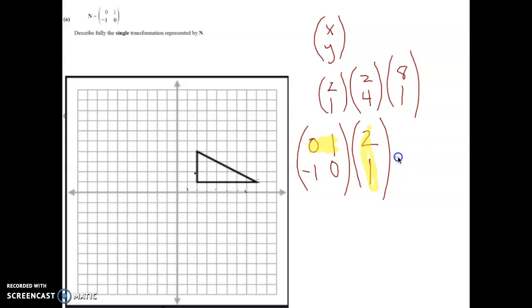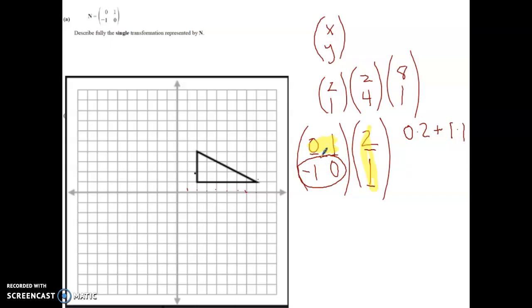So I'm going to wind up with, I'm going to write small, 0 times 2, it's this times that, plus that times that, plus 1 times 1. And now I'm going to do this row times this column.